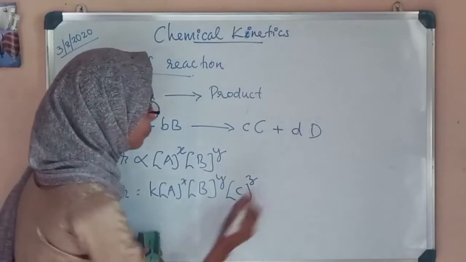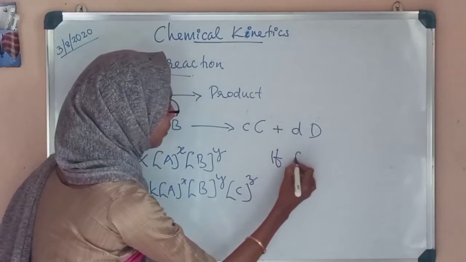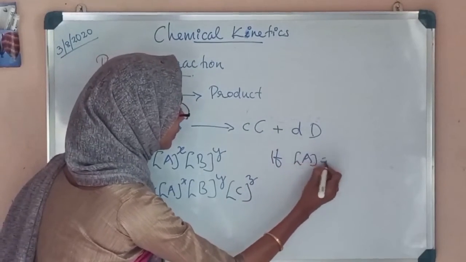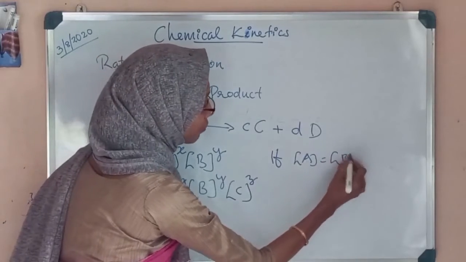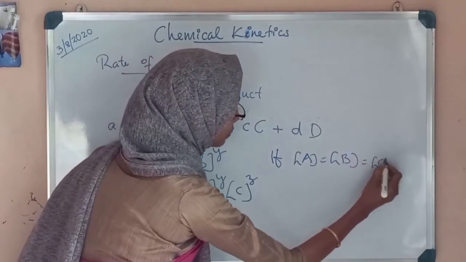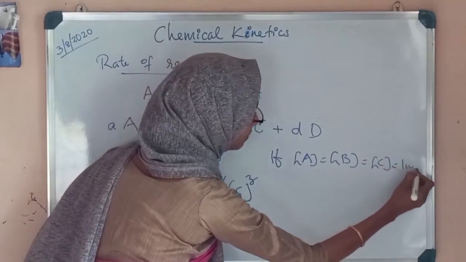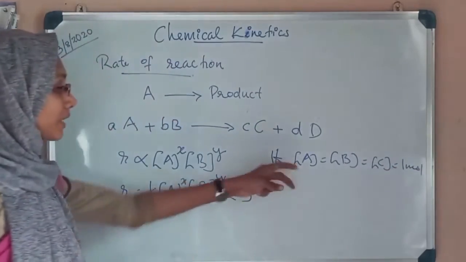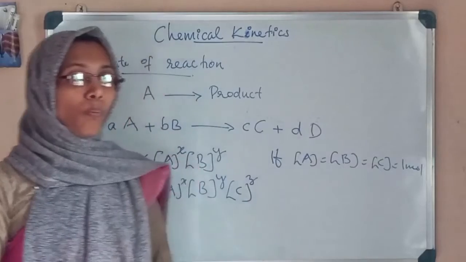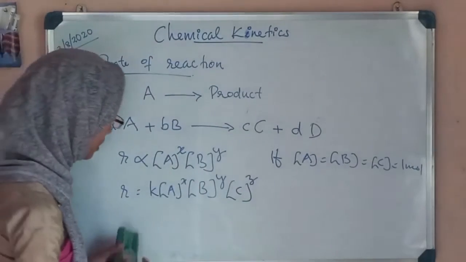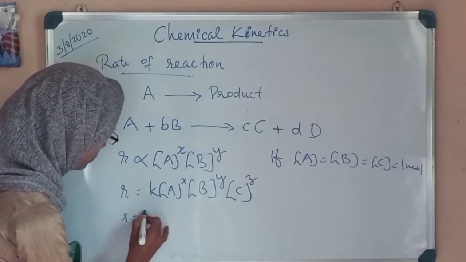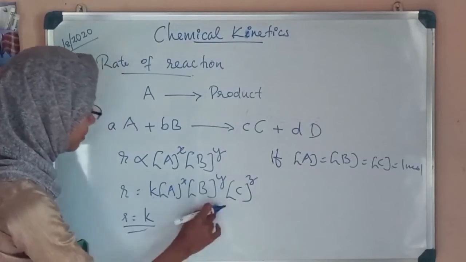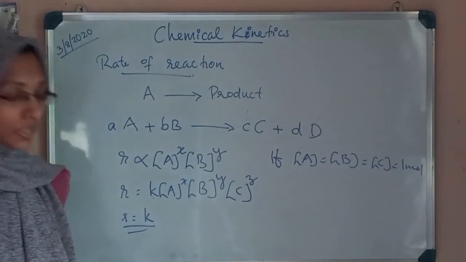If the concentration of A is equal to the concentration of B and the concentration of C is equal to 1 mole, that is, all the reactants are at unit molar concentration, then the equation becomes rate is equal to K.